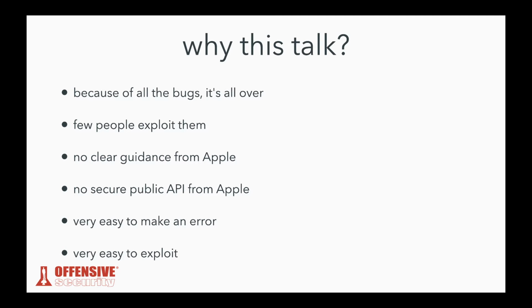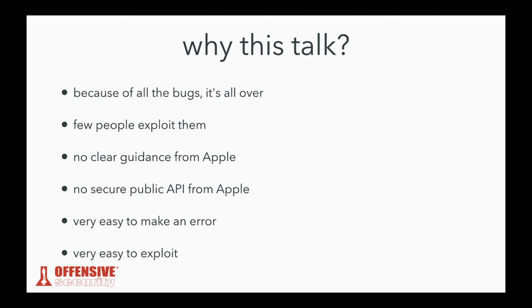There is no clear guidance from Apple on how to make a secure XPC service. And even if there was, unfortunately, there is no secure public API from Apple for really making a secure XPC service. We will see that to make it really secure, we have to use private APIs.